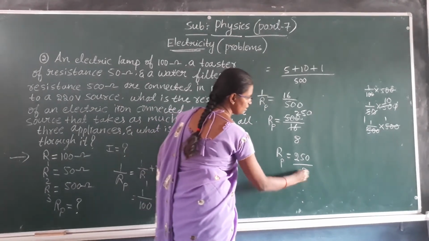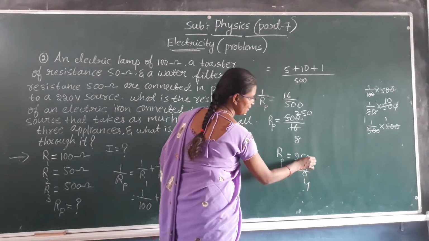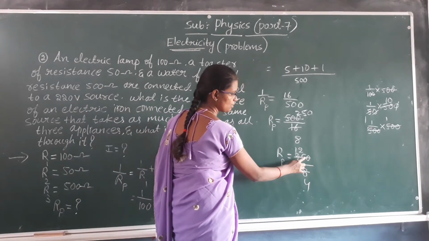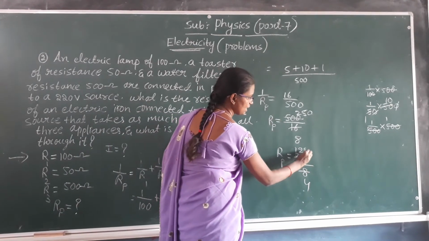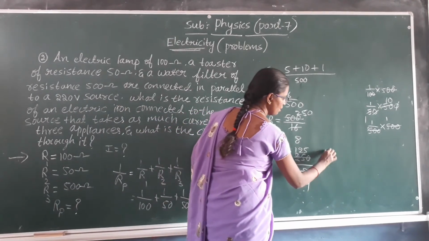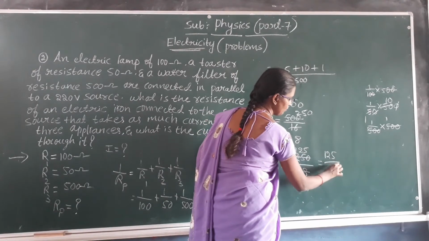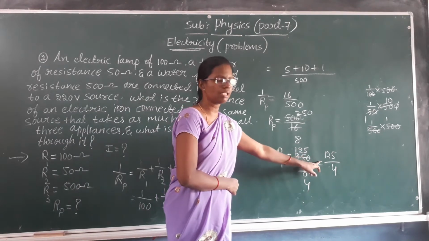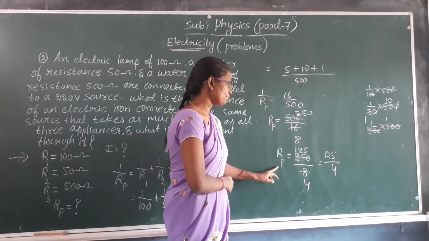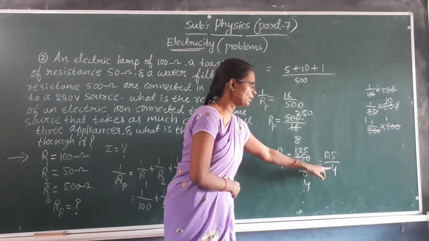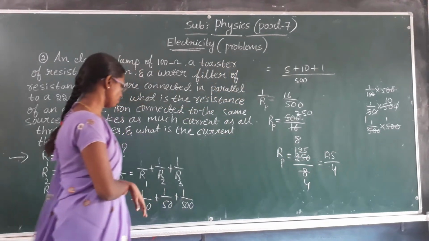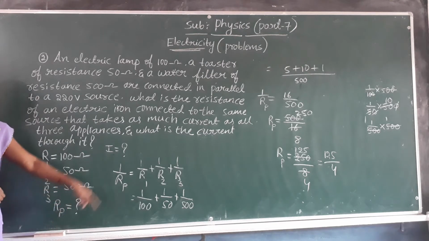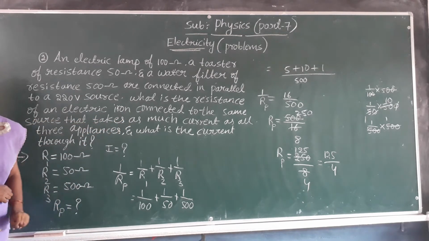Again 2 4s are 8, 2 2s are 4, 2 5s are 10. So Rp is equal to 125 divided by 4. If you cancel again you will get a decimal, no need. So in this problem, in the first step we found that Rp is equal to 125 divided by 4.